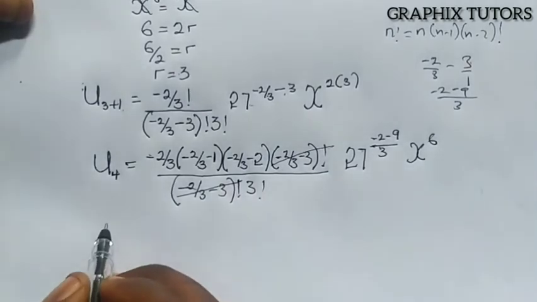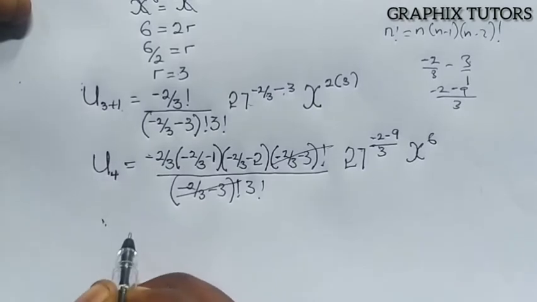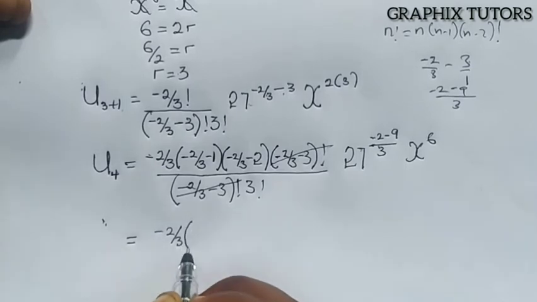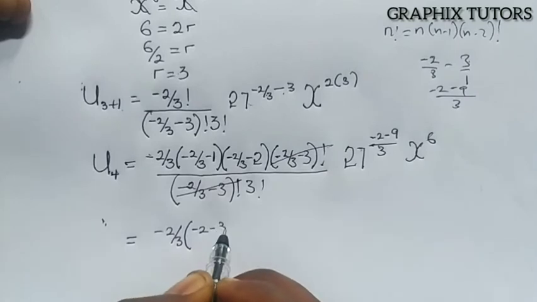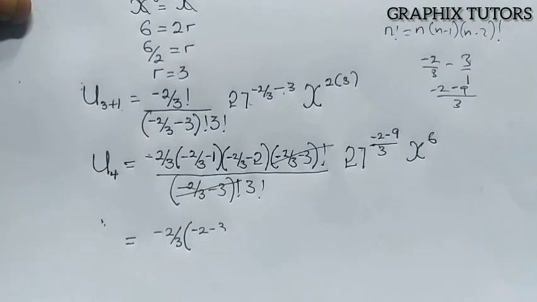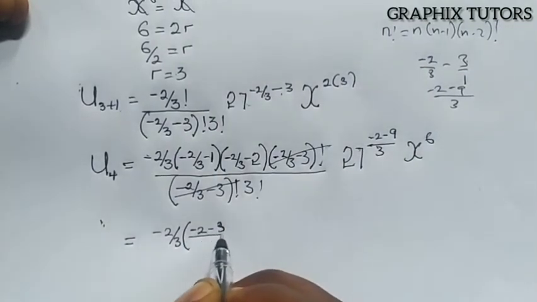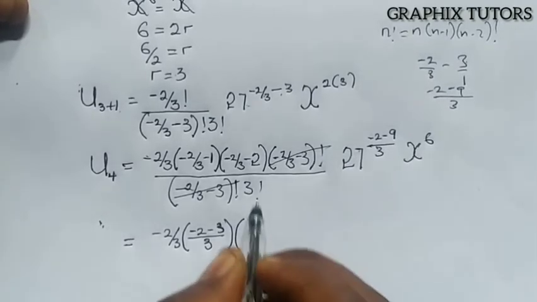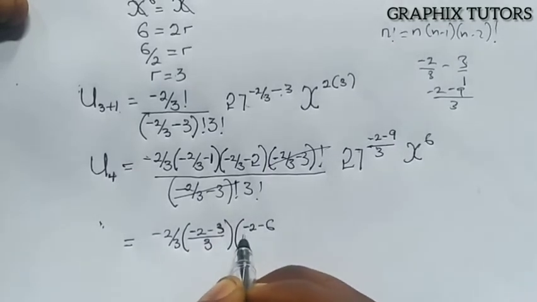So I'll be left with u4, which gives me minus 2 over 3 into bracket, minus 2 minus 3, minus 2 minus 6, minus 2 minus 3, all over 3, close the bracket, open the next one, minus 2 minus 6 all over 3.